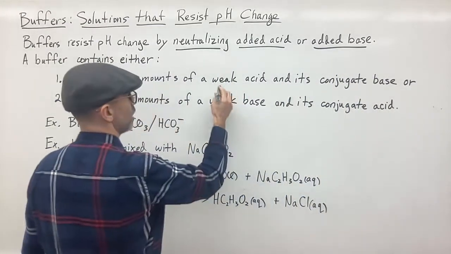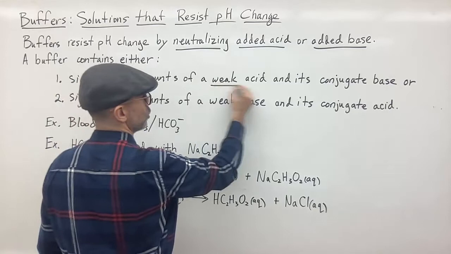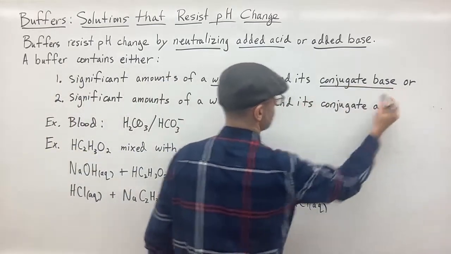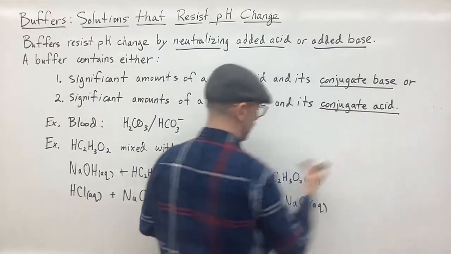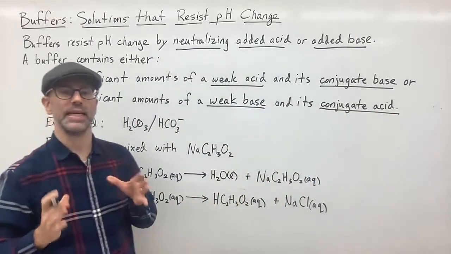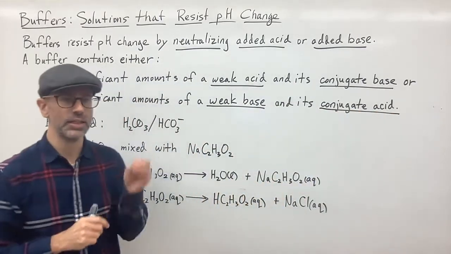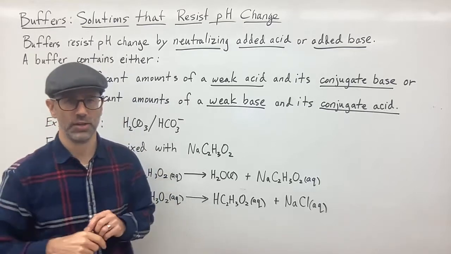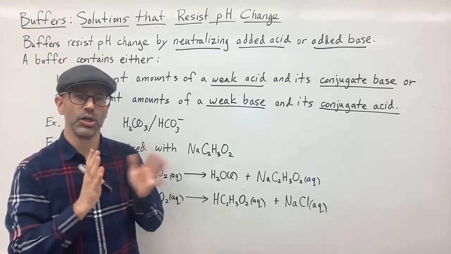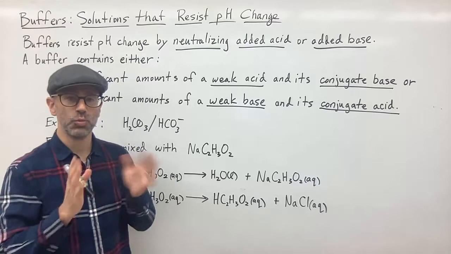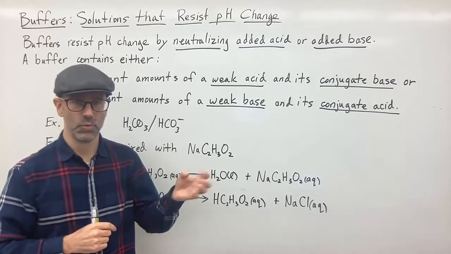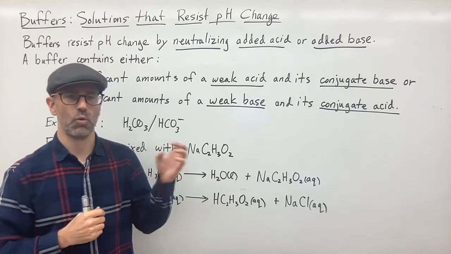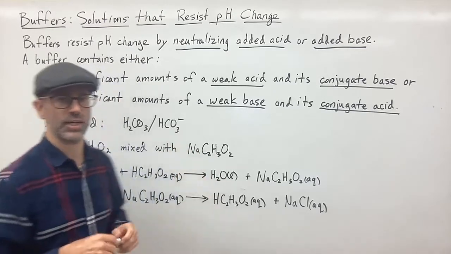Those are the key ingredients of a buffer. And it's got to be significant amounts of each. It can't be a little bit of one and a whole bunch of the other. You've got to have a good mixture, and a large amount of each one.